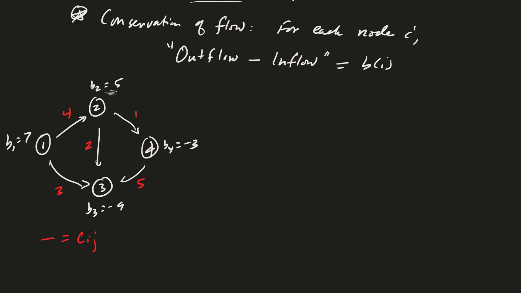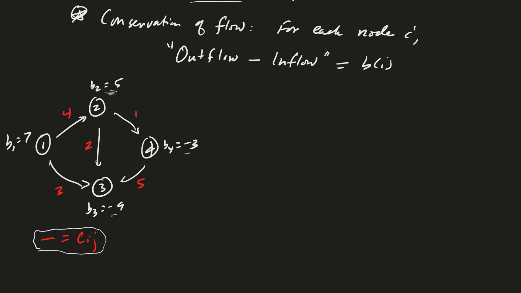Node 3 is a demand node with minus 9 units. B4 is a demand node with minus 3 units. The red numbers on here represent the costs, not the flow. In this case we don't have the flow set up, and the variables xij will represent how much we're moving in arc ij.